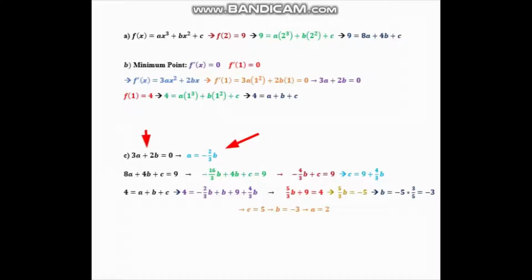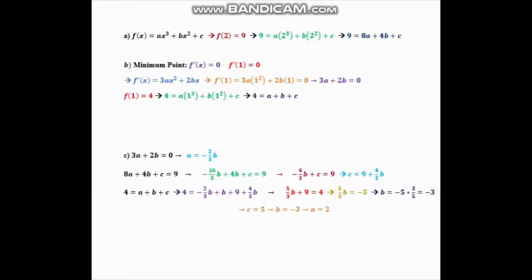Then I've substituted this value of a instead of the a right there. And now I have this second equation only in terms of b and c, as you can see right there. So I shall write c in terms of b. I shall isolate the c.